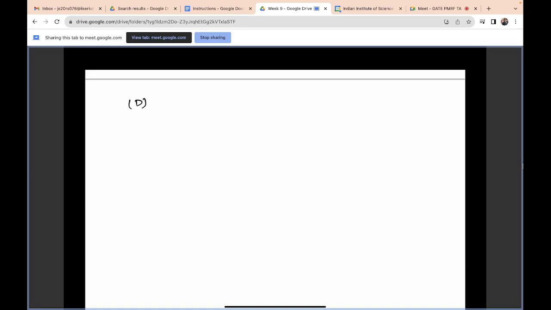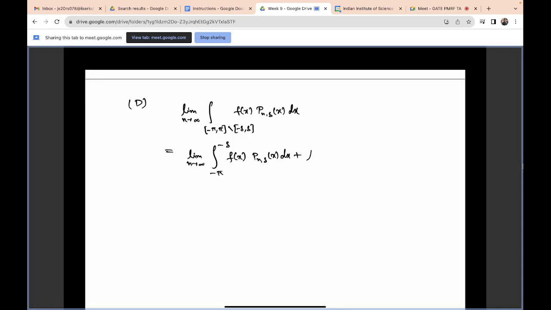So for option D, limit n tends to infinity, minus pi to pi excluding minus delta to delta, f(x) p_n,delta(x) dx. Again you can divide this into two parts: limit n tends to infinity, minus pi to minus delta of f(x) p_n,delta(x) dx, plus limit n tends to infinity, delta to pi of f(x) p_n,delta(x) dx.